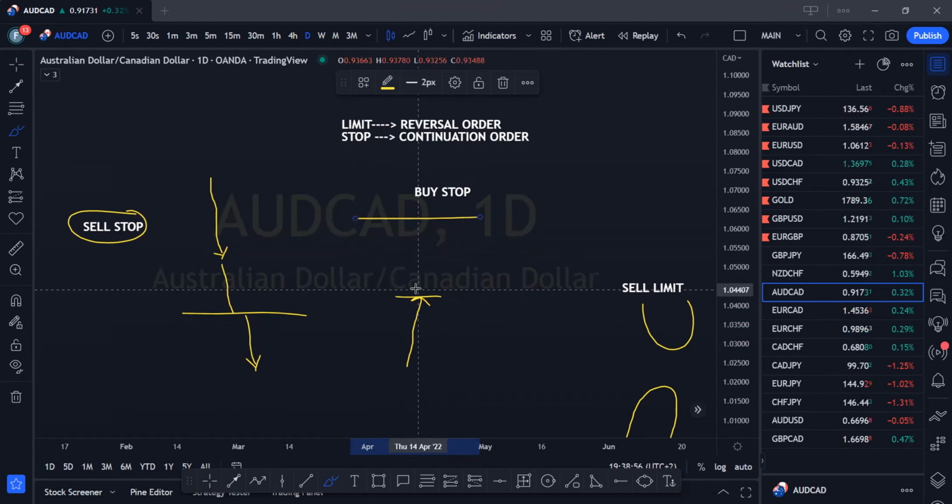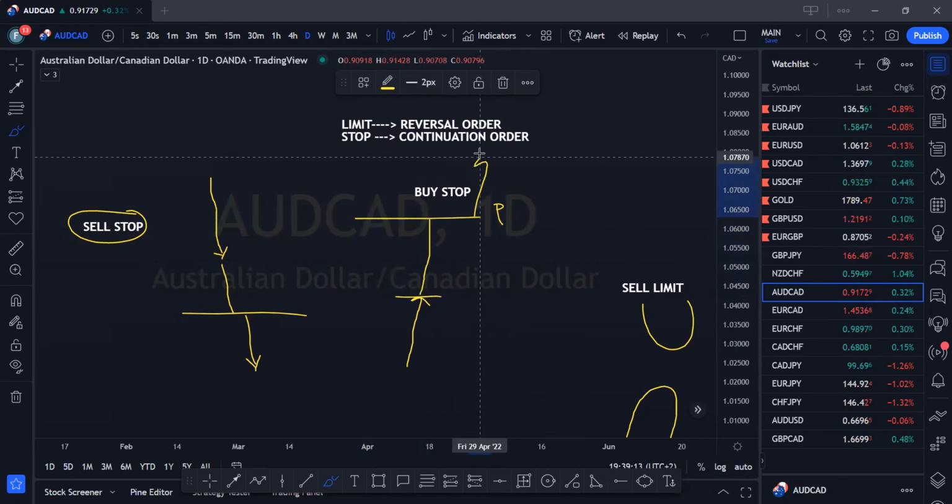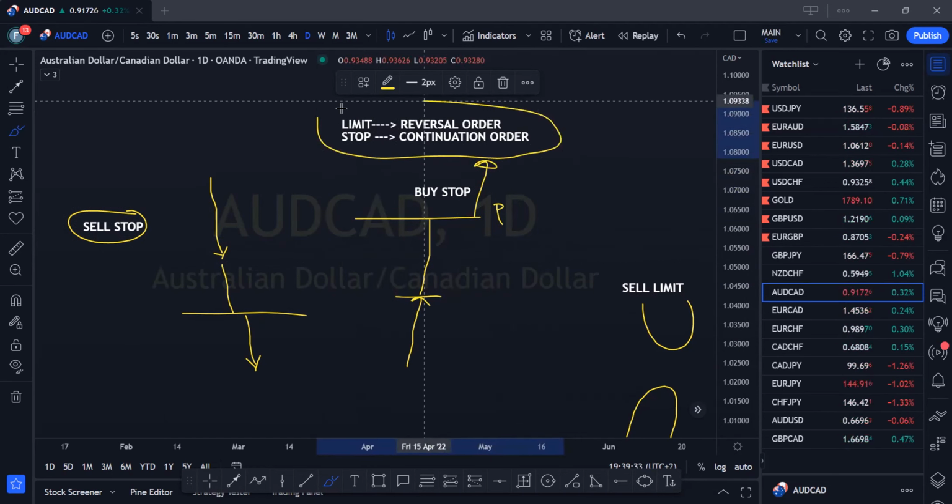If price for any reason keeps going up and touches this zone, immediately price gets here, you'll be entered into this trade for a buy, to continue the move. So stop orders are continuation orders, while limit orders are reversal orders. These are the easiest ways that I think you can understand what a pending order is.